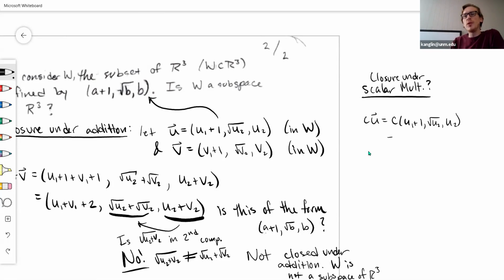After we multiply that scalar through, we would have C times U1 plus C times the square root of U2, and we would have C times U2. Now, we started with a U that was in W. U was in W, and we multiplied it by a scalar C. Is the result in W?